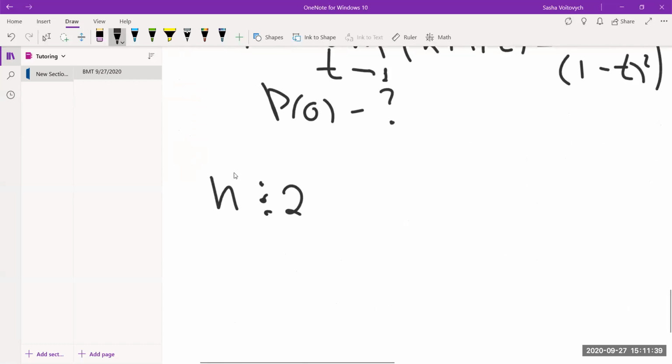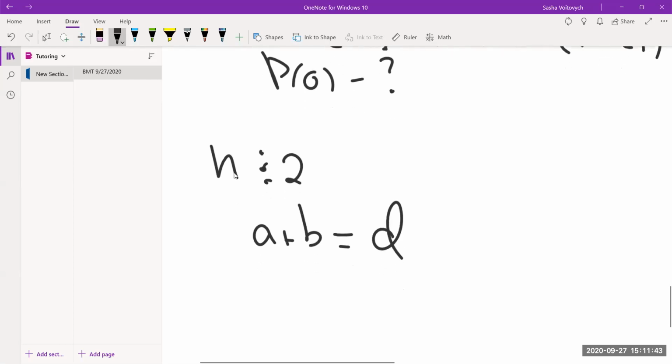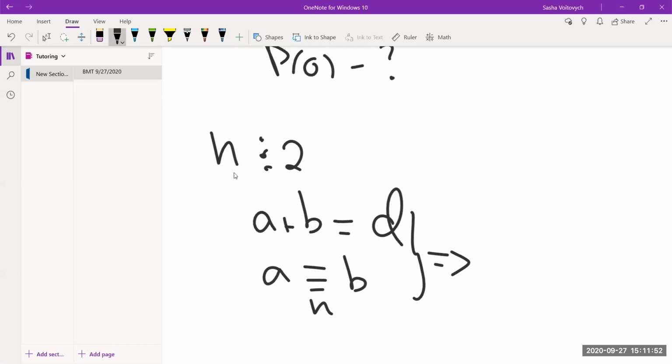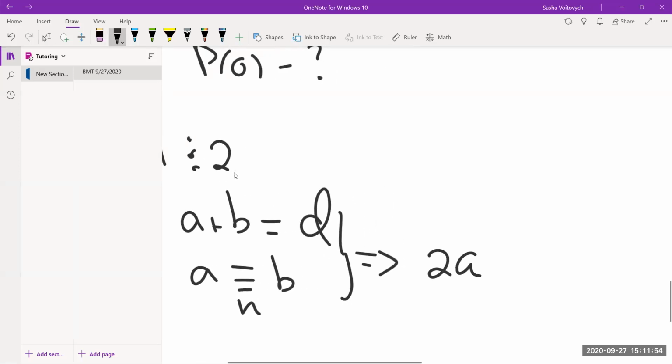Then A plus B equals D, and A is congruent to B mod n. From these two, an obvious consequence is that 2A is congruent to D mod n.